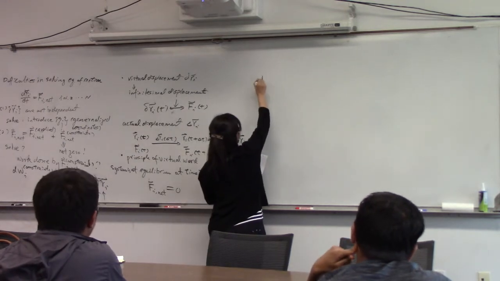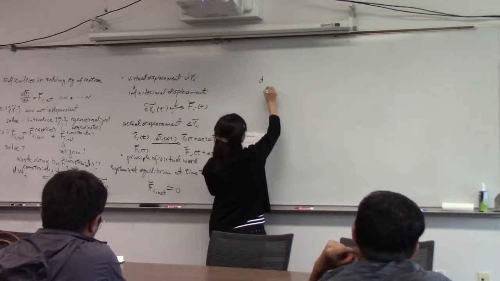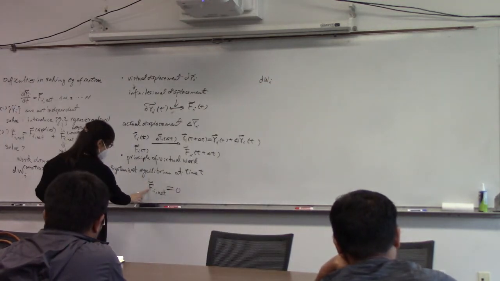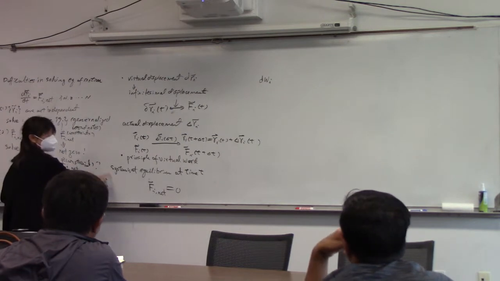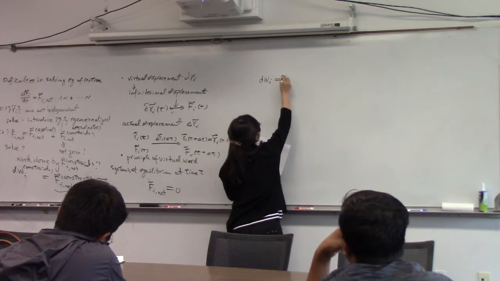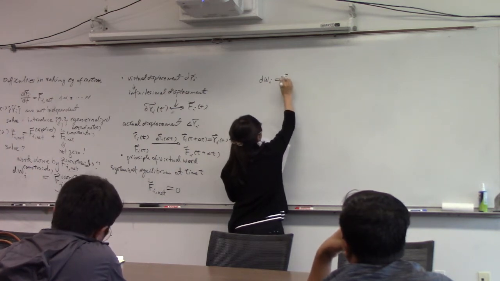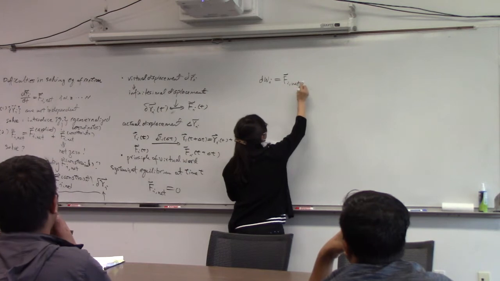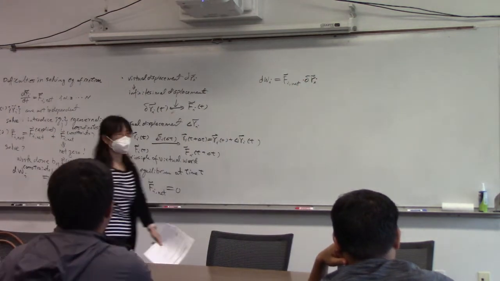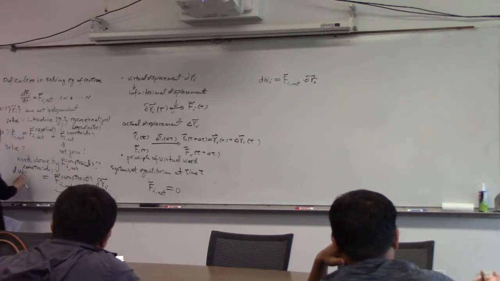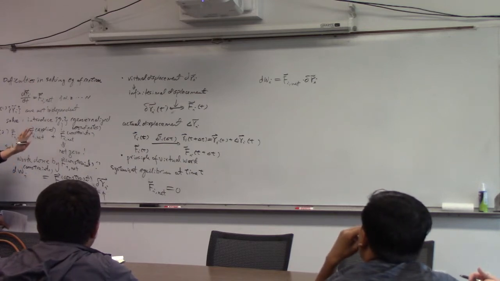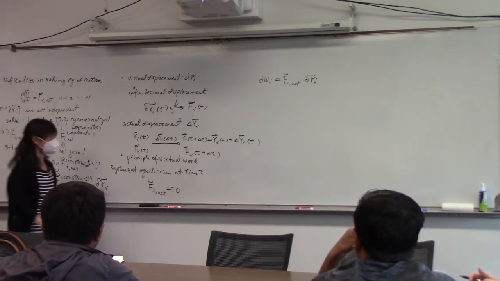If this is the case, then let's consider dW_i, which is the work done by the net force on the i-th particle through the virtual displacement. So that is F_i net dot delta r_i. We are looking at this since we are interested in the virtual work. Let's consider the total first, then we will consider separate parts, right?